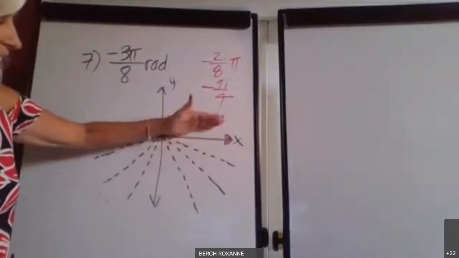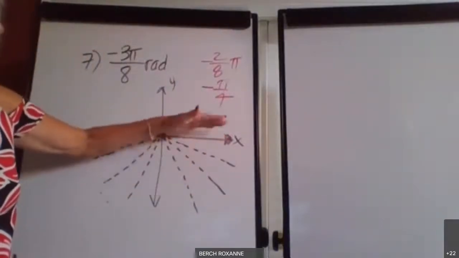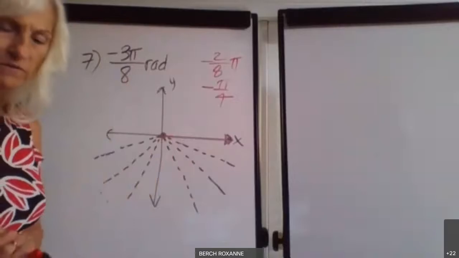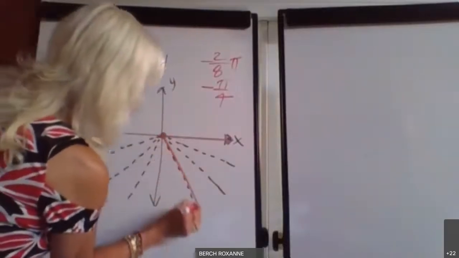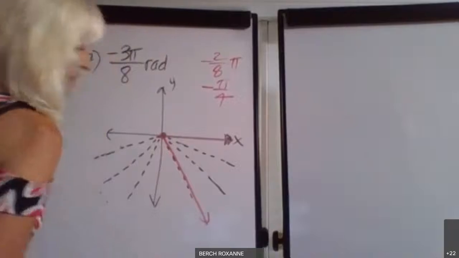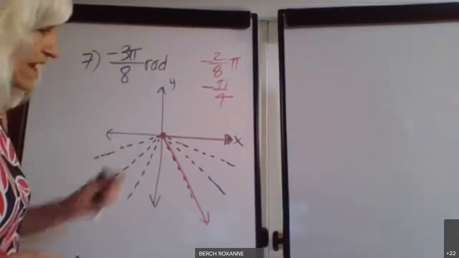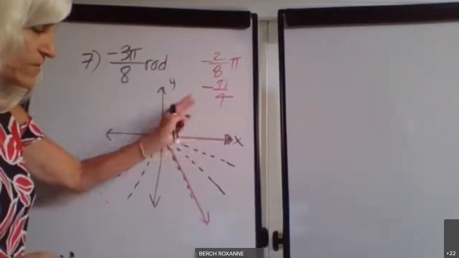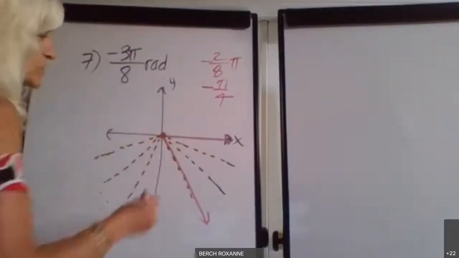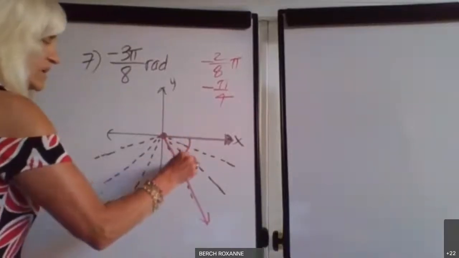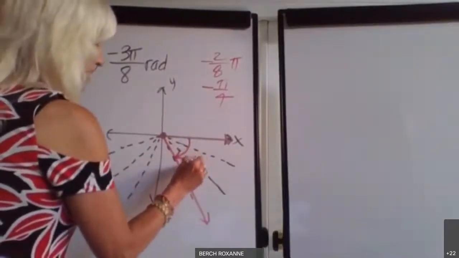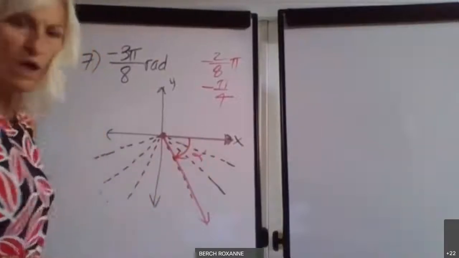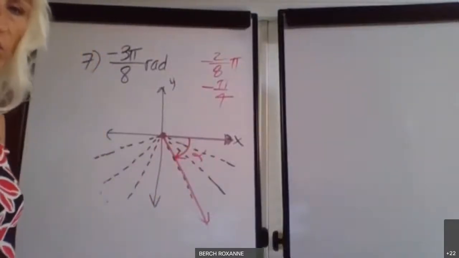So this angle right here is going to be -3π/8, and that's the one we want. So you would draw the terminal side. So, -π/8, -2π/8, -3π/8. This would represent the angle. You show the arrow, you label the angle alpha near the arrow, and then you state the quadrant.